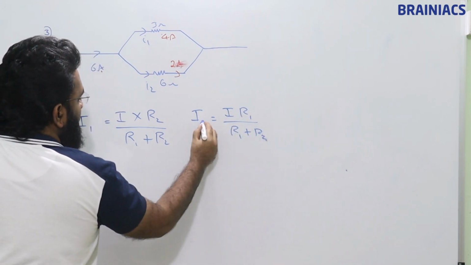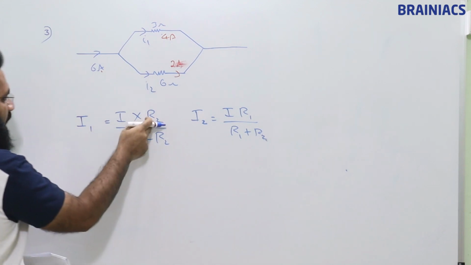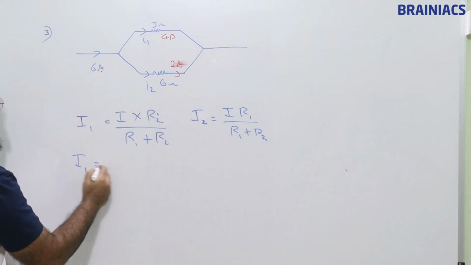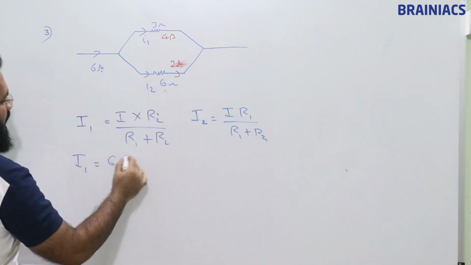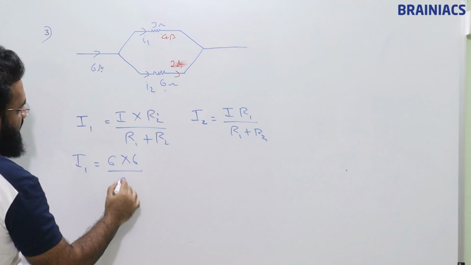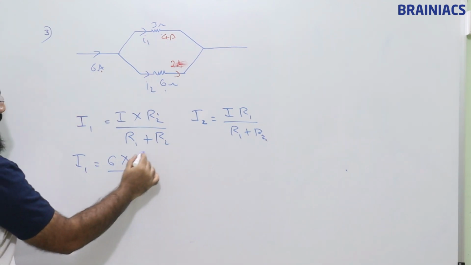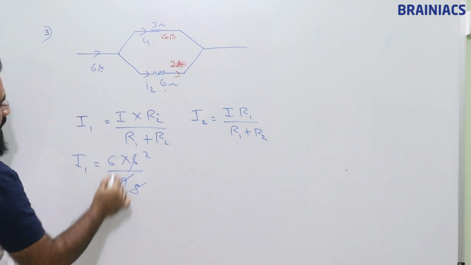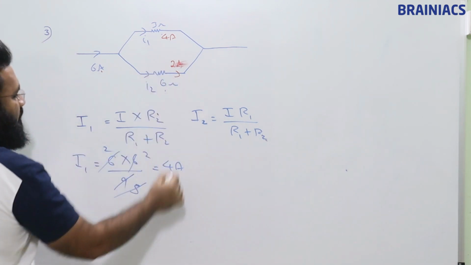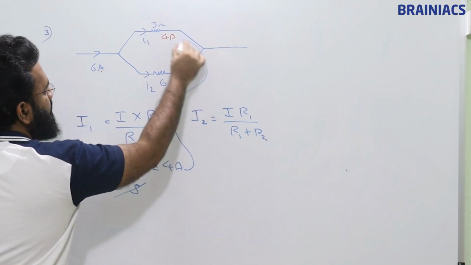Okay, opposite. So I1 is equal to 6 into R2 divided by 6 plus 3, which is 9. So here 2, here 3, if we cut, this is going to be 4 ampere.